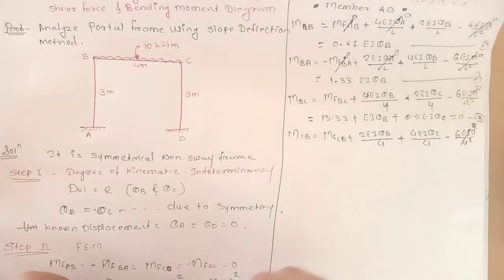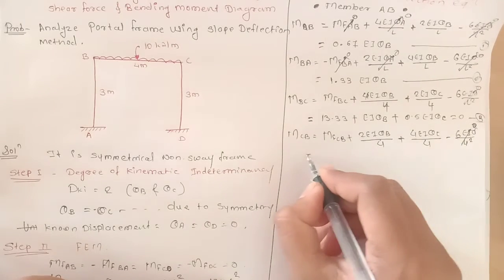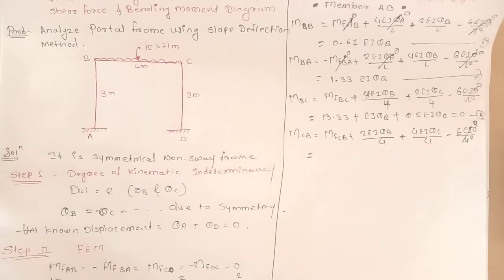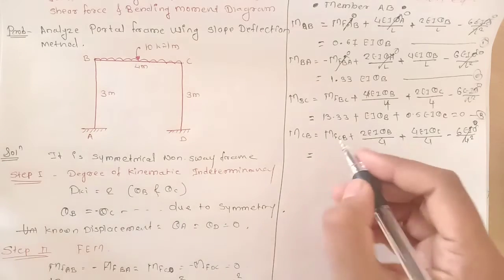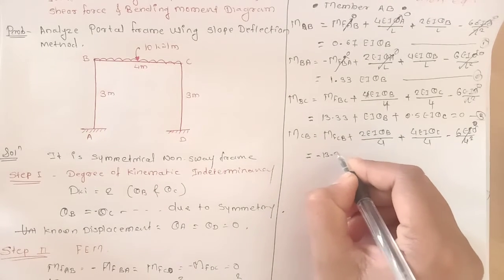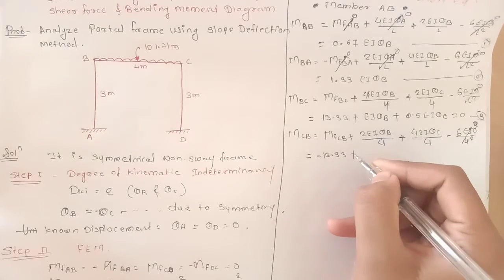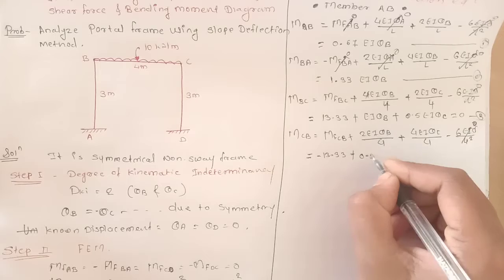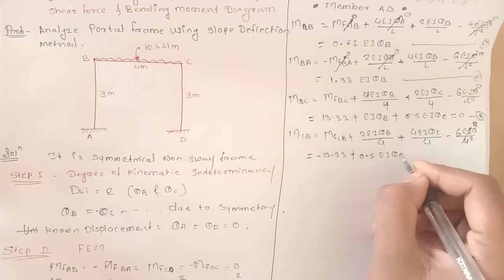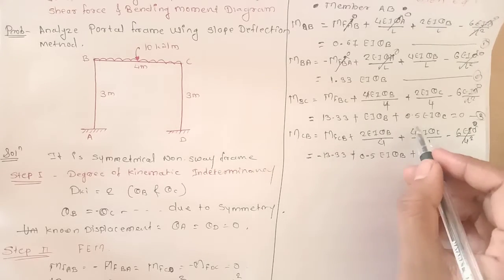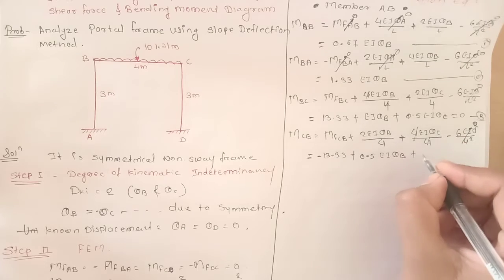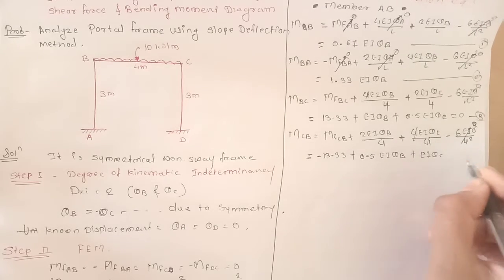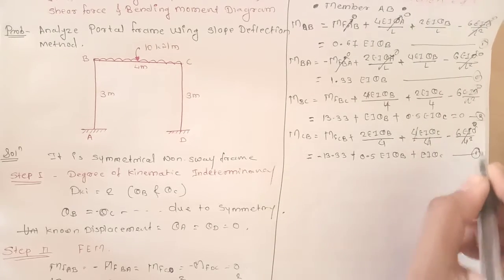The delta term is 0. So remaining is, we know the fixed moment for member CB is minus 13.33, plus 2 divided by 4 is 0.5 EI theta B plus, here the 4 gets cancelled, so remaining is EI theta C. This is equation number 4.